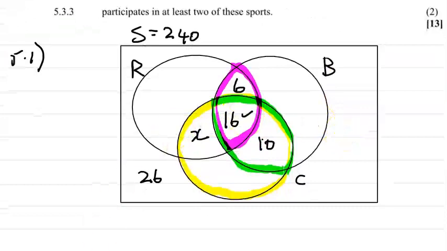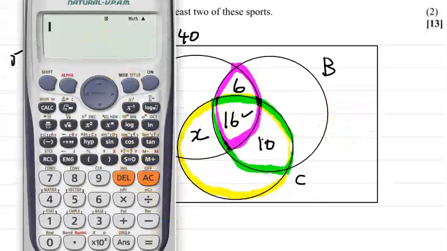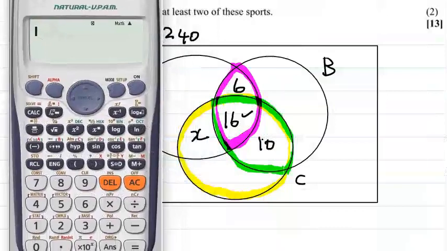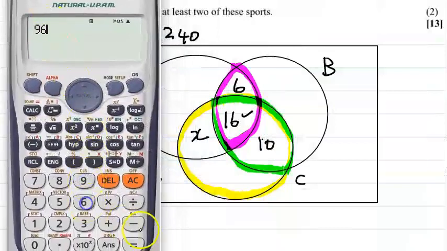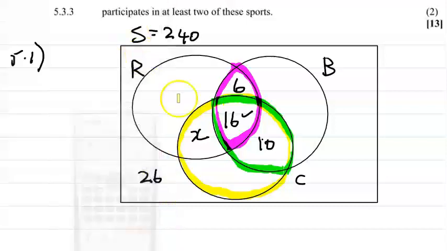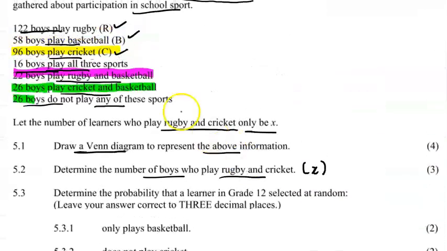So therefore, in this particular example, we are going to say 96 minus 16 minus 10, and that's equal to 70, but also don't forget to subtract the X, so it's going to be 70 minus X.